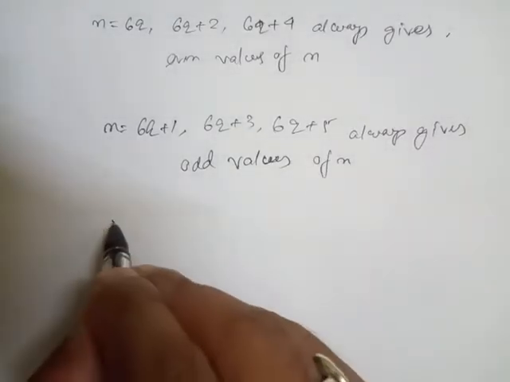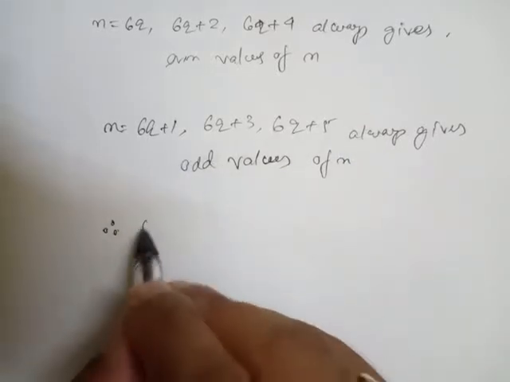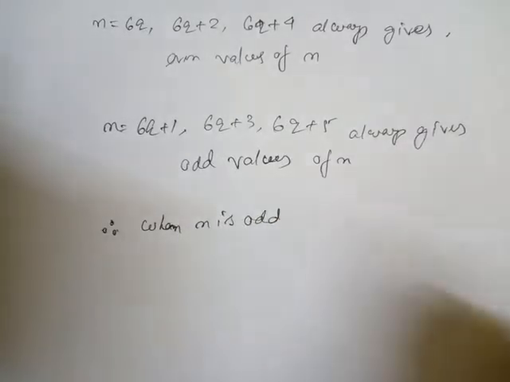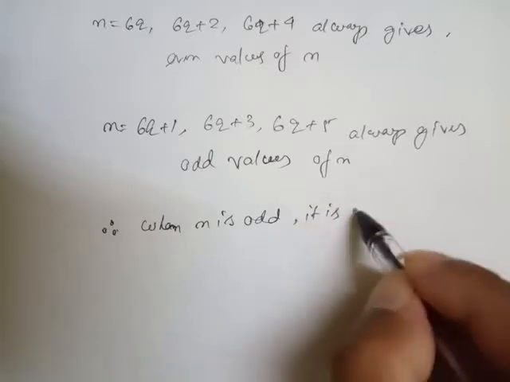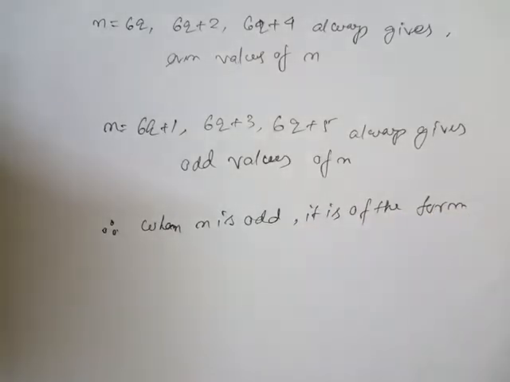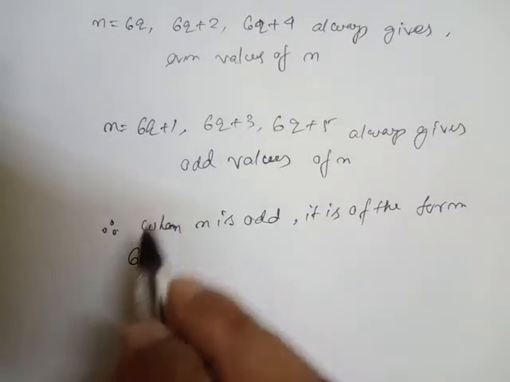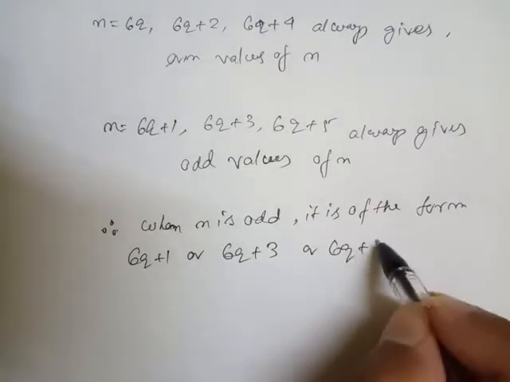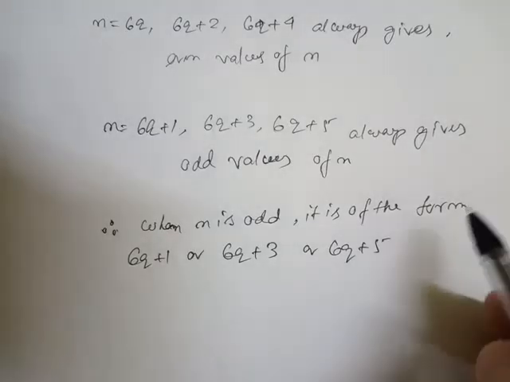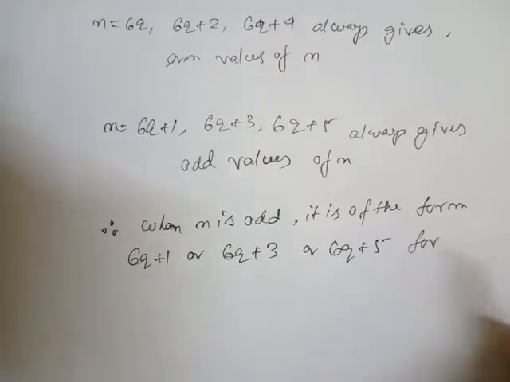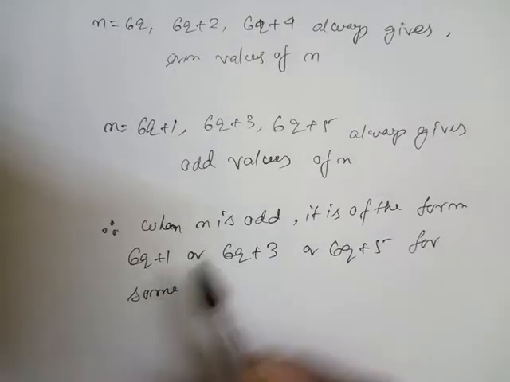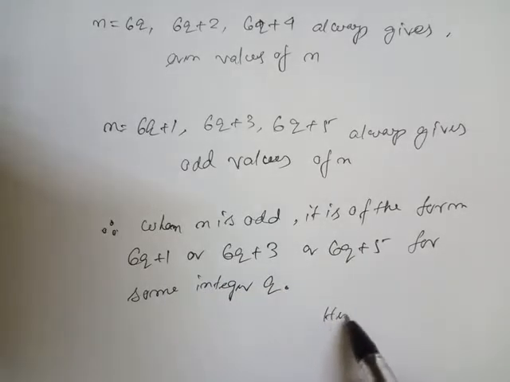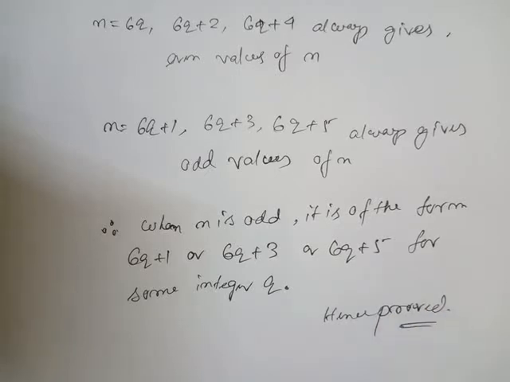Therefore, when n is odd, it is of the form 6q plus 1 or 6q plus 3 or 6q plus 5 for some integer q, hence proved. This is question number 2, proved.